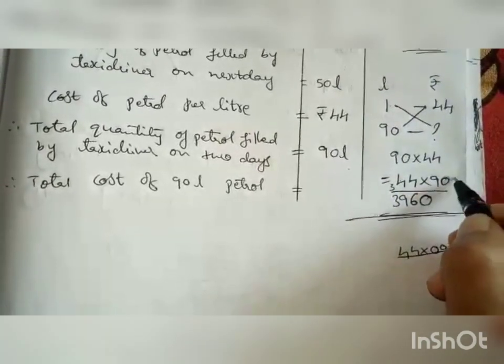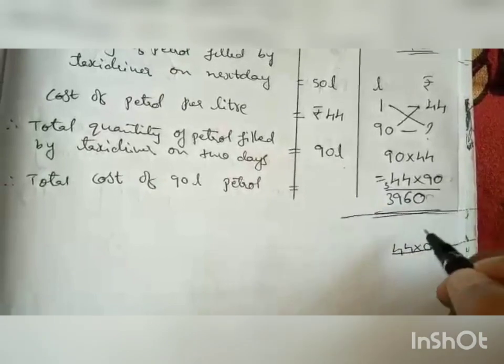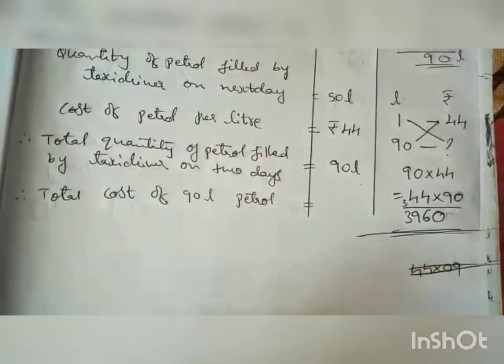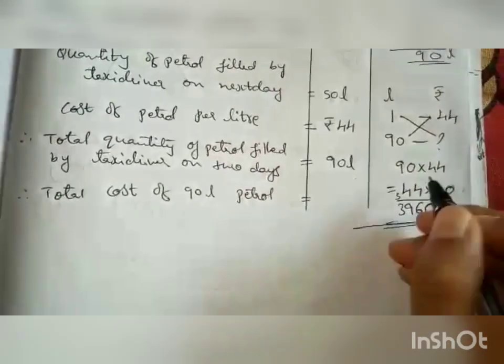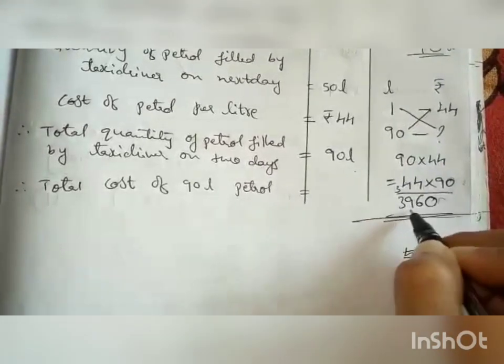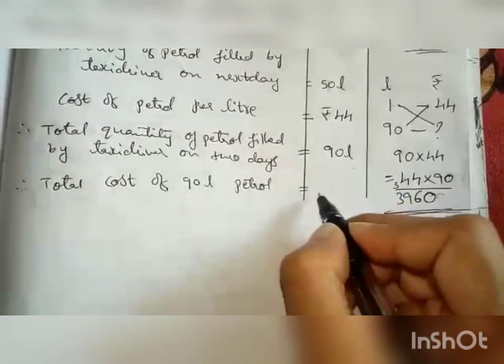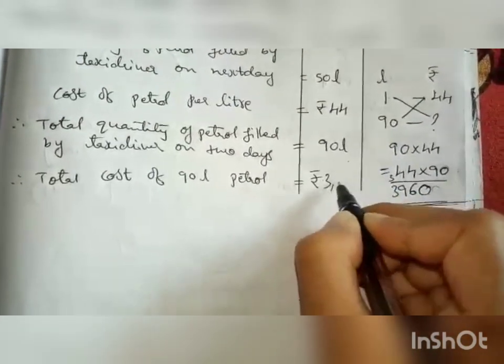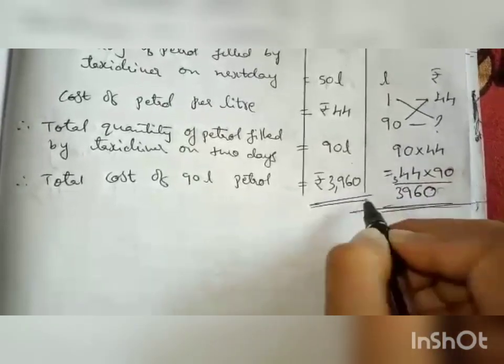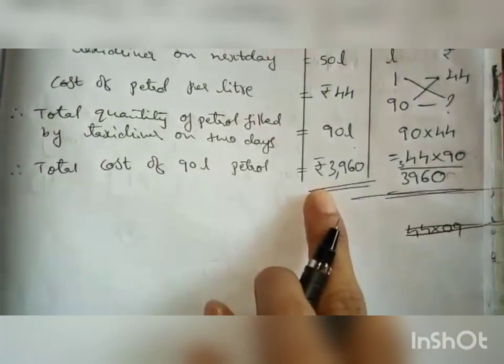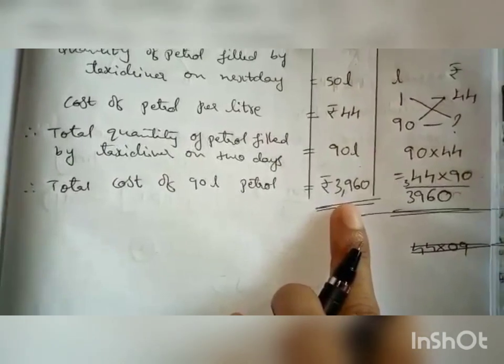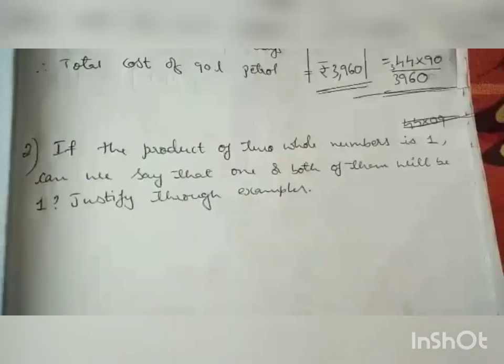If you have 2 zeros, at last we can put 2 zeros. Understood? This is for example. So rupees is how much? 3,960. So total cost is rupees 3,960.